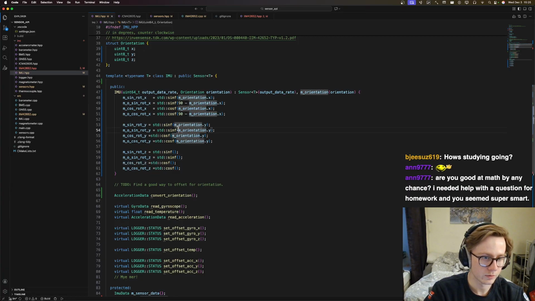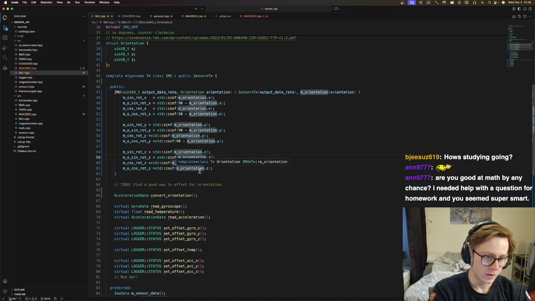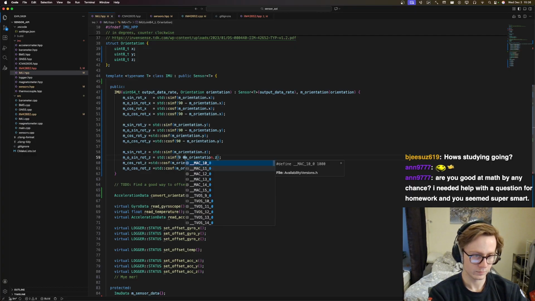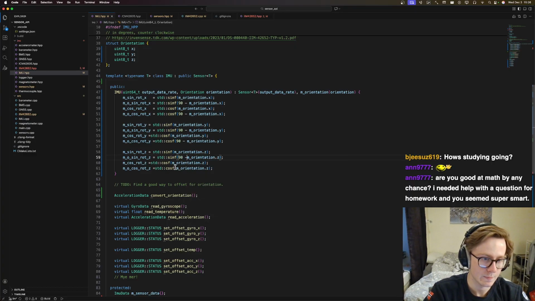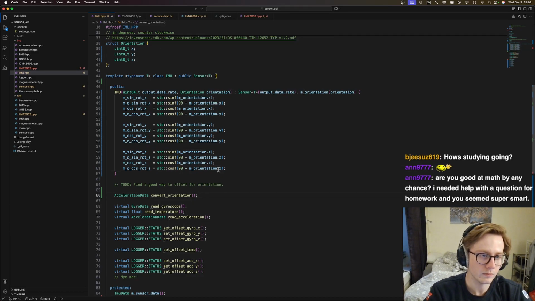So the inverse one will be 90 minus. Boom. Boom, boom. Okay.